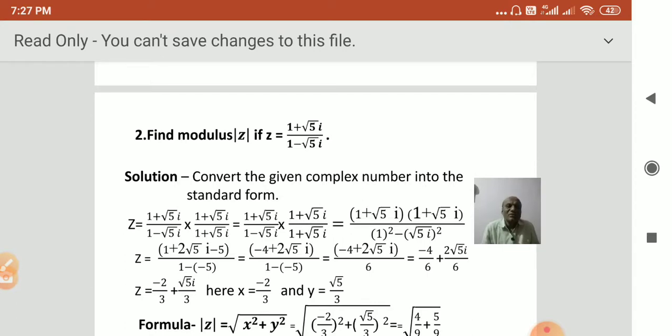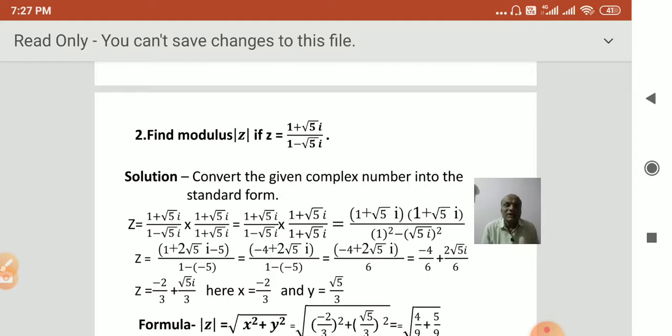And further we multiply the two brackets in the numerator, that is 1 plus square root of 5i, and the second bracket 1 plus square root of 5i. So again we get 4 terms. So this will be 1 plus 2 times square root of 5i and minus 5.